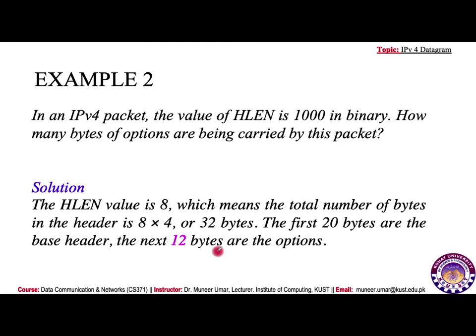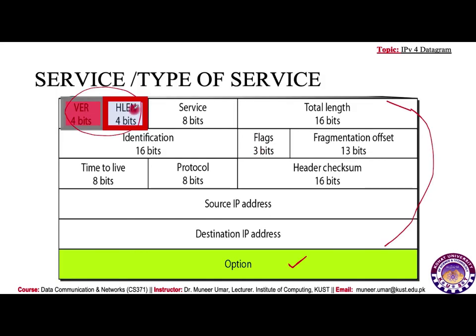Example number 2. In an IP version 4 packet, the value of header length is 1000 in binary. How many bytes of options are being carried by this packet? Now here for header length we have 1000.